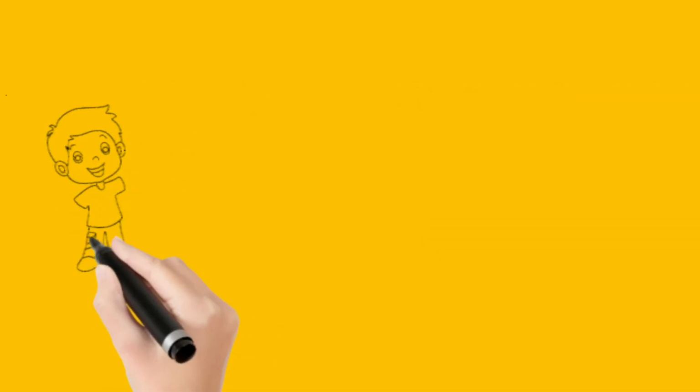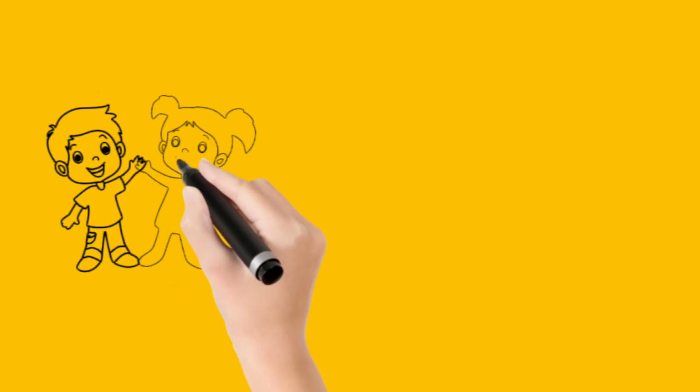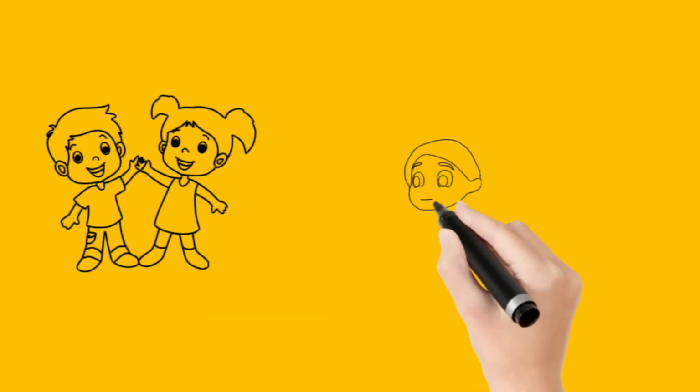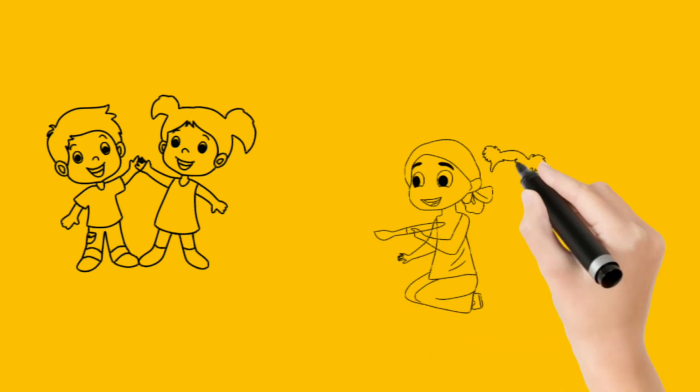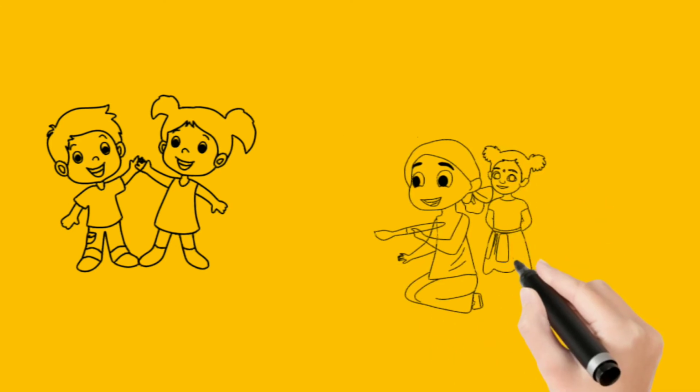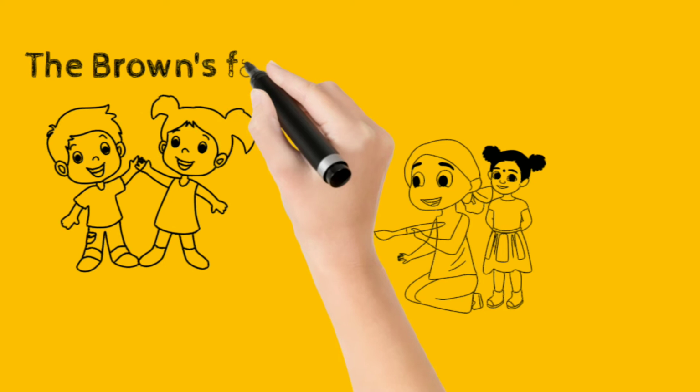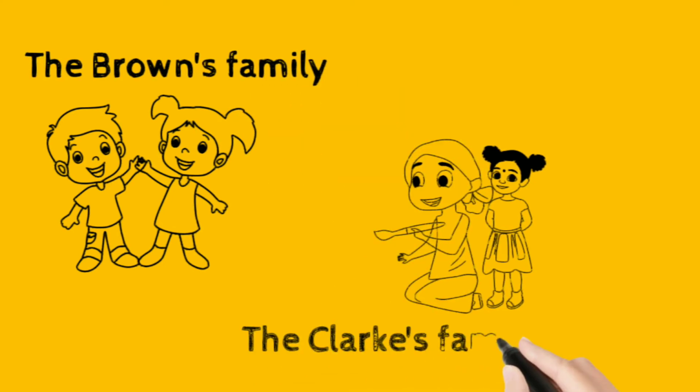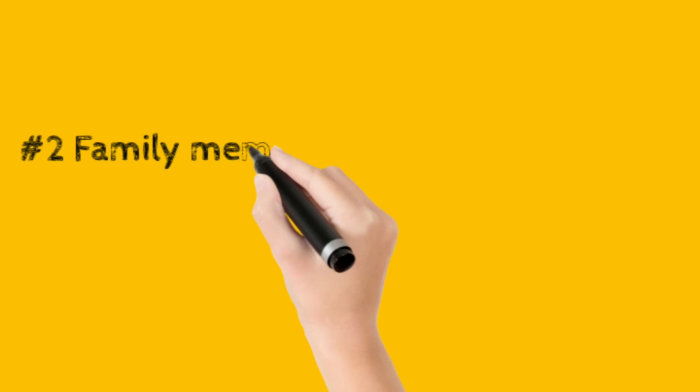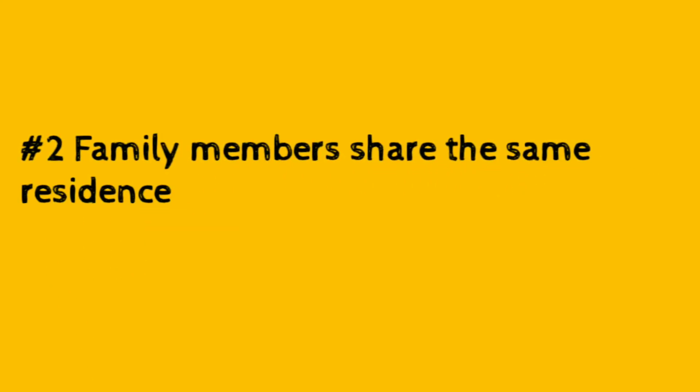So you might find that the surname in this household might be the Browns. You might find that you have a Clark's household, you have an Edwards household, and so on and so forth, right? So there is usually, though not always the case, a common surname within a family unit.